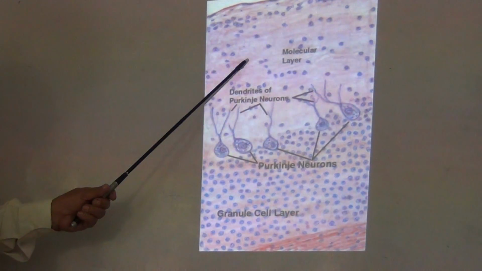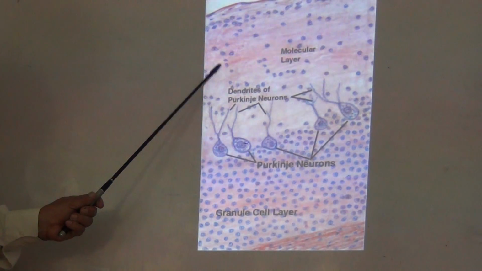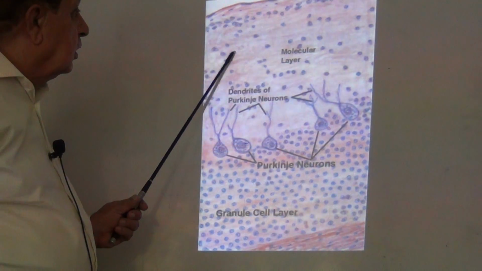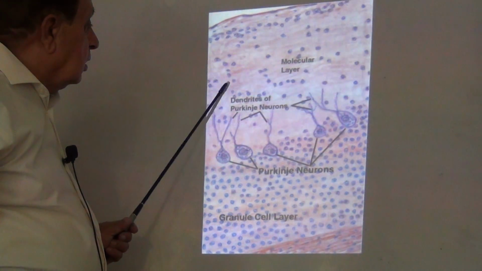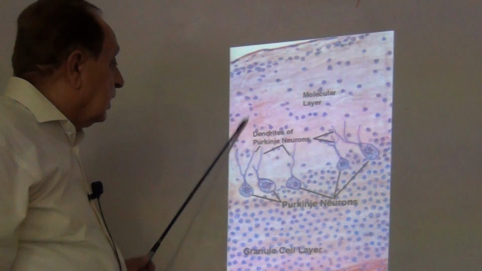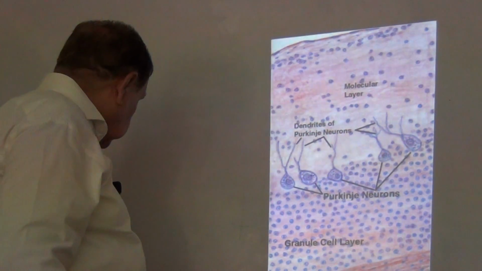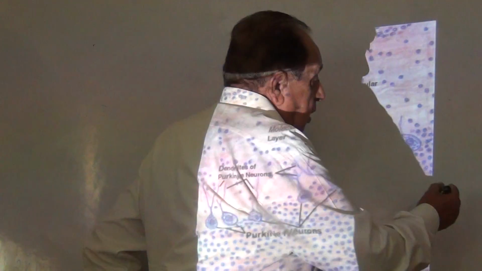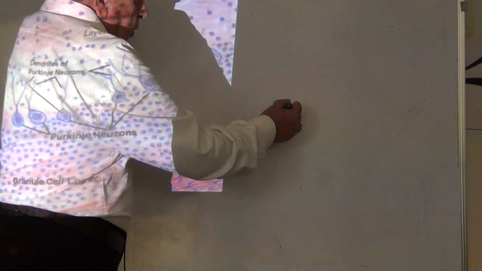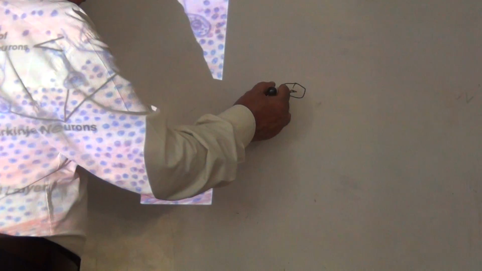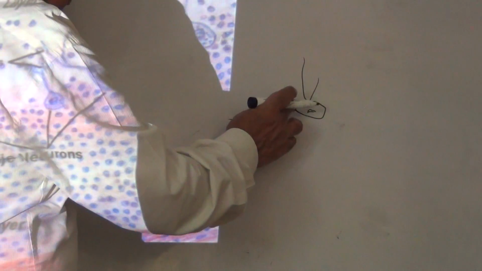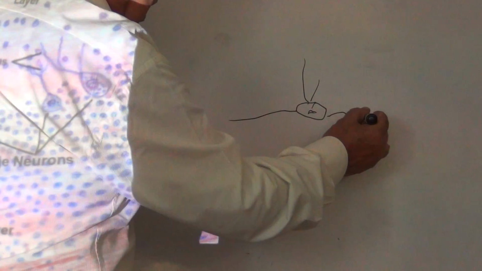This layer also contains cells called basket cells. These basket cells have dendrites moving upwards, and they have axons.